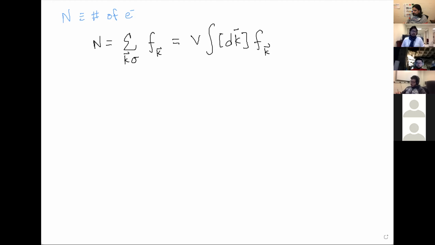So this f of k for our electrons at 0 temperature is the Heaviside step function. Are you guys familiar with the Heaviside step function? Yes, no? I remember it came up in E&M quite a bit. Yeah, okay. So you have it then.